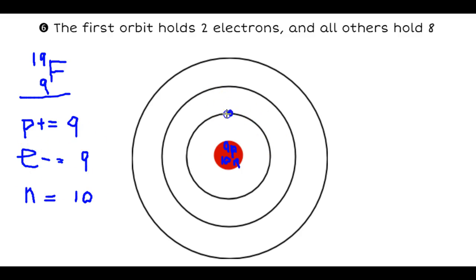So I've got my 1, 2, and then I've got 7 more to go: 3, 4, 5, 6, 7, 8, and then 9 electrons. So again, this third orbit or third energy level really doesn't need to be there. It's just there because of the previous diagram. So normally I would just omit that completely.